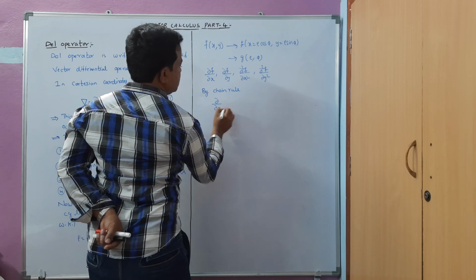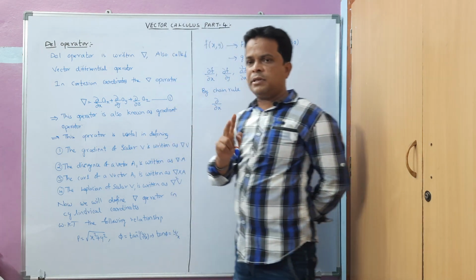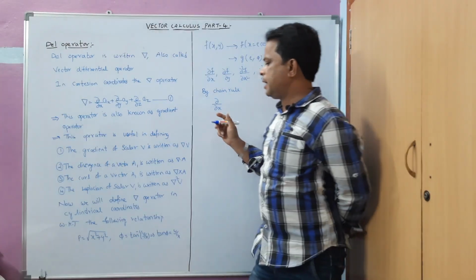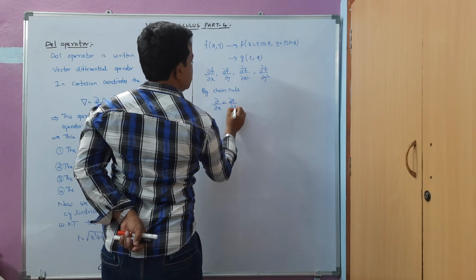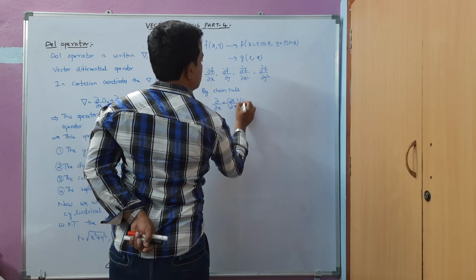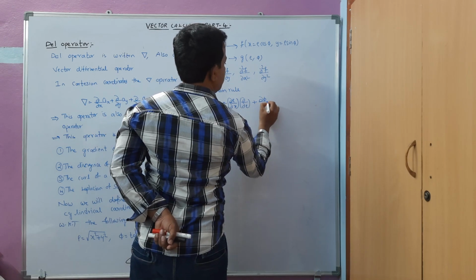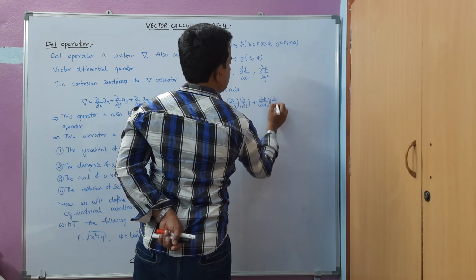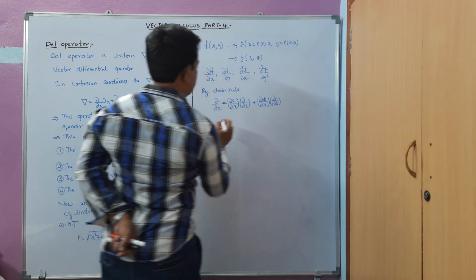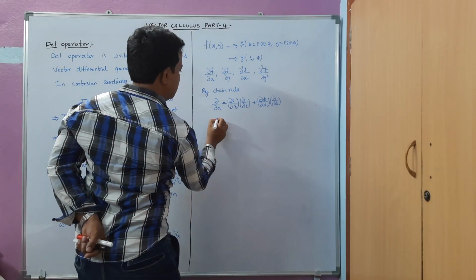By chain rule we can write dou by dou x like this, because x is a function with respect to two variables here, that is rho and phi. Here I can write dou rho by dou x into dou by dou rho plus dou phi by dou x into dou by dou phi, and similarly I can take another, that is dou by dou y. I can define like this by chain rule.